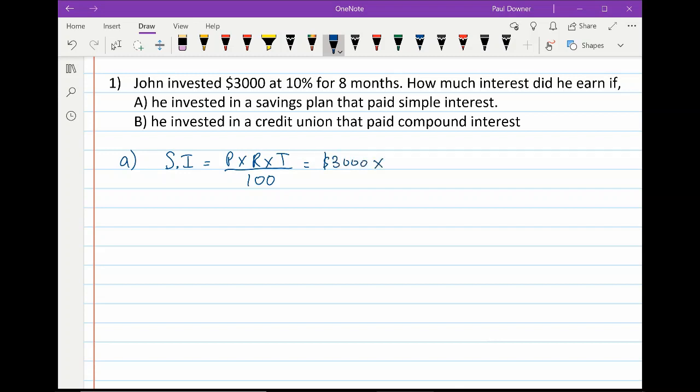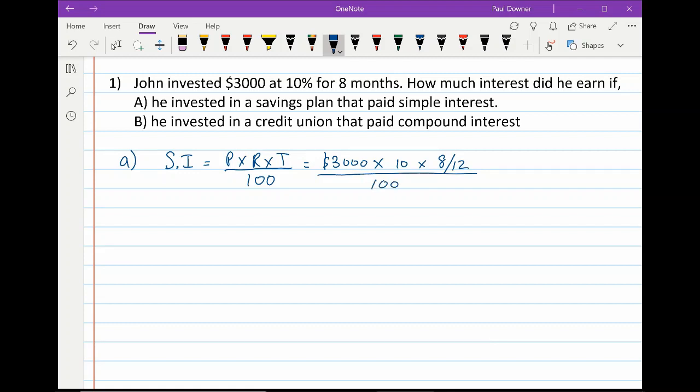We have to put in our rate, which is 10%. We have to put in our time, which is 8 months, but remember that 8 months is really required to be expressed in years. So it'll really be 8 over 12 years. And then you have to divide that answer by 100.